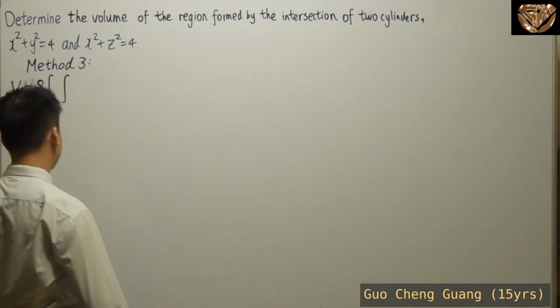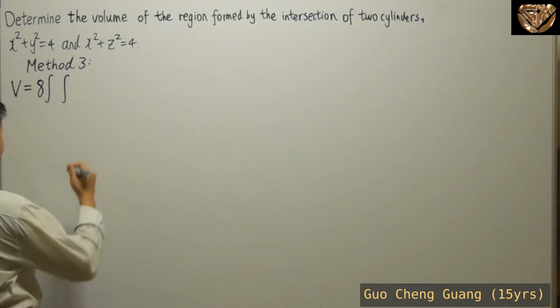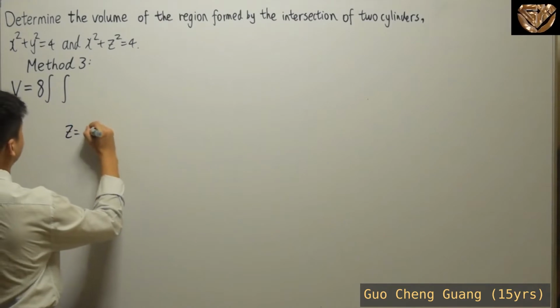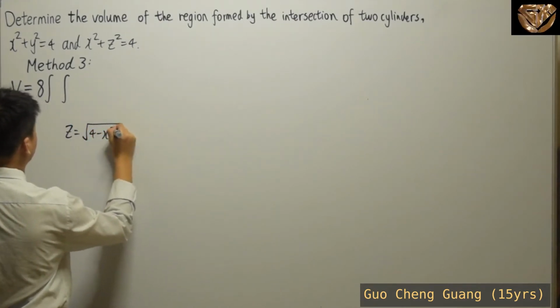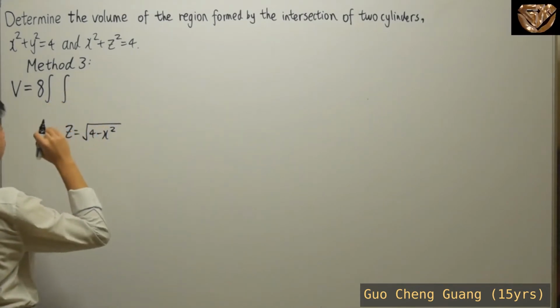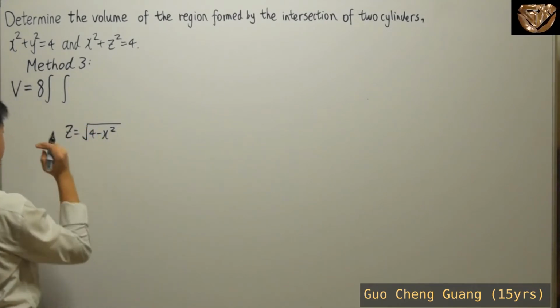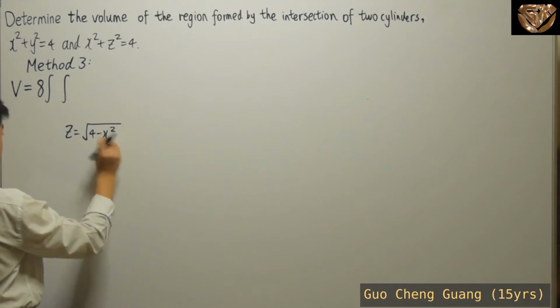And what are we going to have inside here? In the last lesson, what we had was z is equal to square root of 4 minus x squared. So we changed the second cylindrical function into z is equal to square root of 4 minus x squared, right?